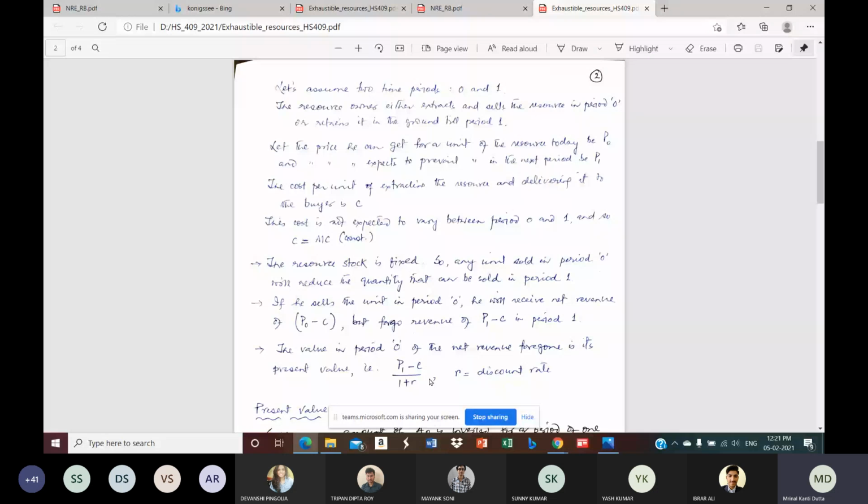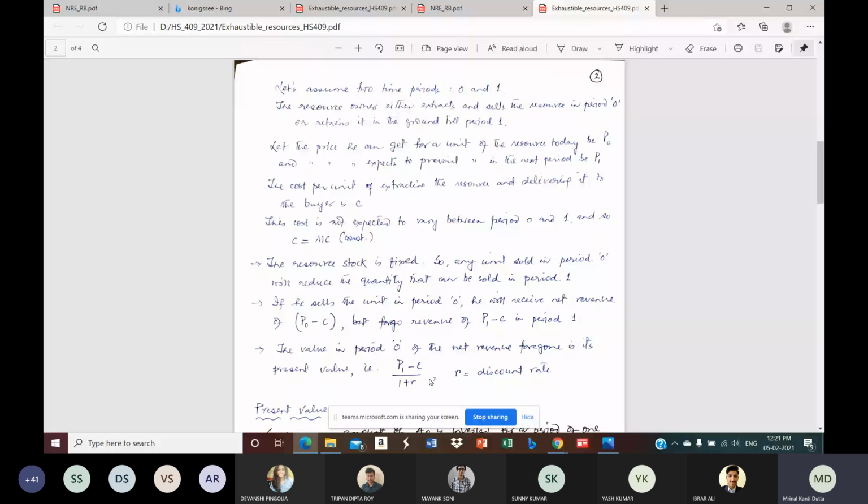So the additional cost for providing one extra unit remains the same. That means the marginal cost C remains constant.